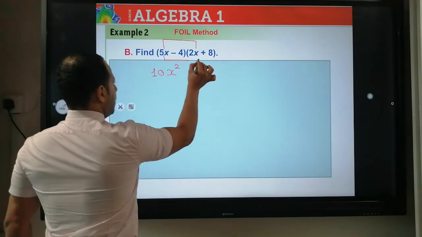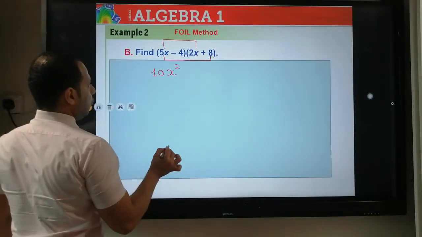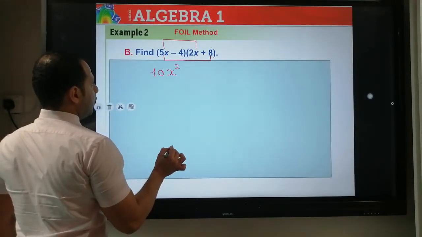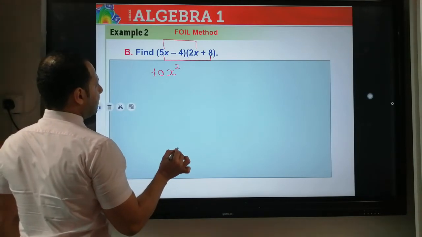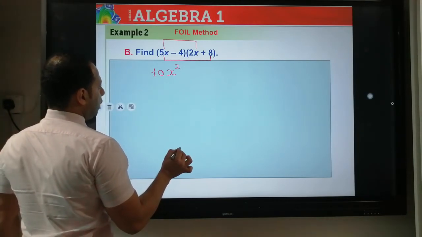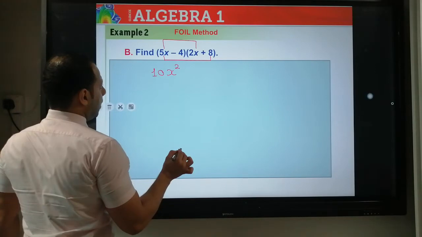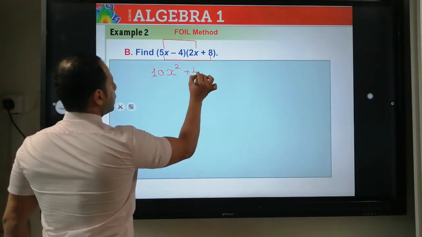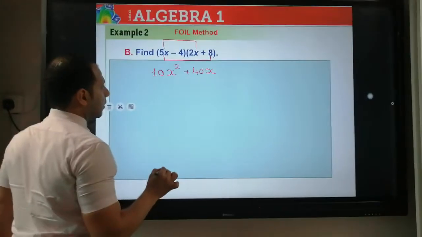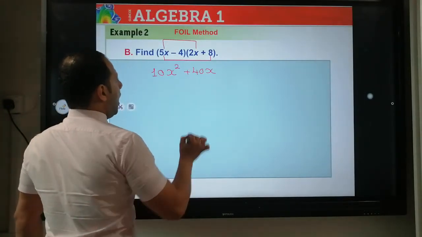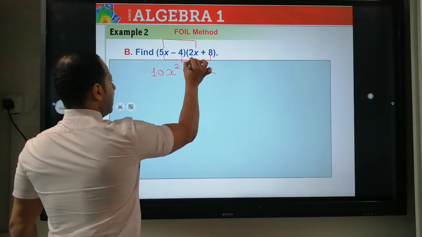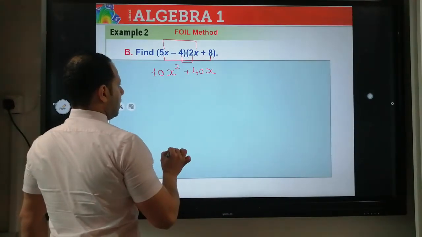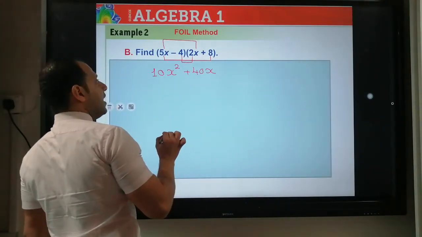Okay, I hear your answer. So you have here 5x multiplied by 8, it's 40x.